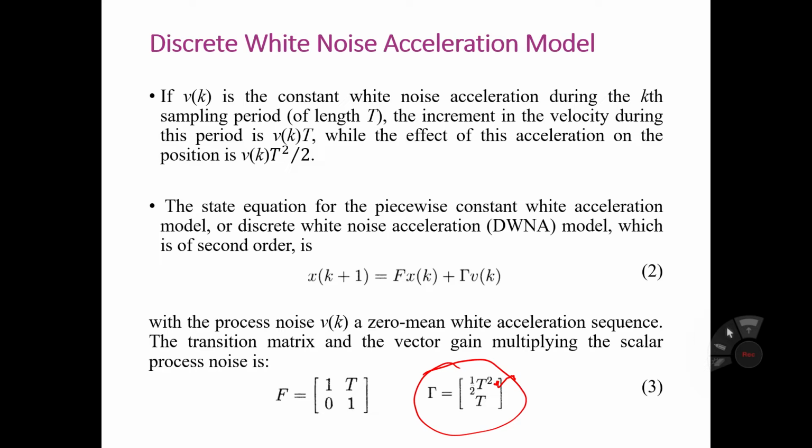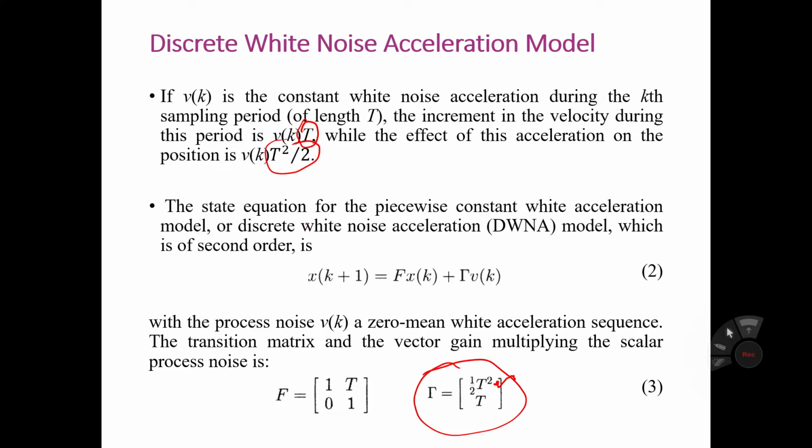The increment in the velocity is T, and the effect on the position is T square over 2.